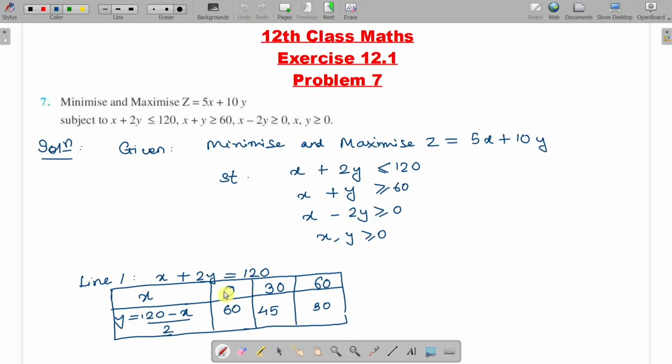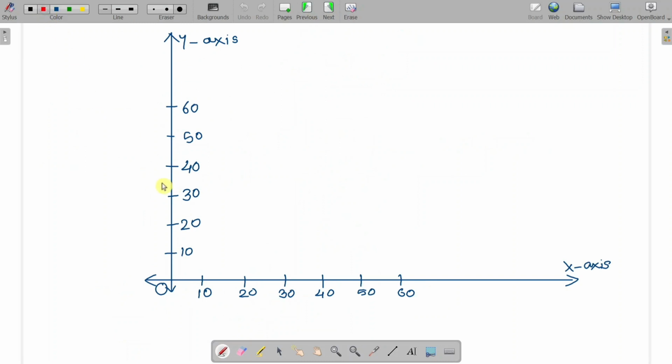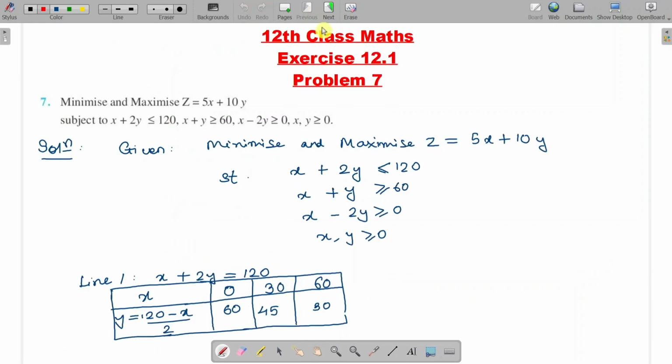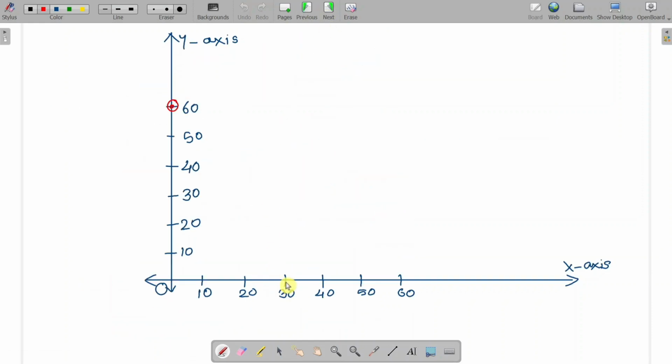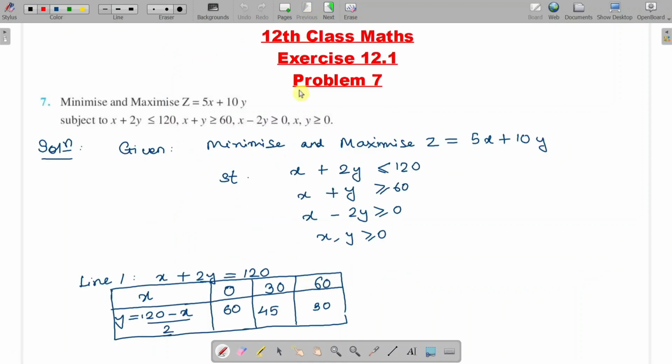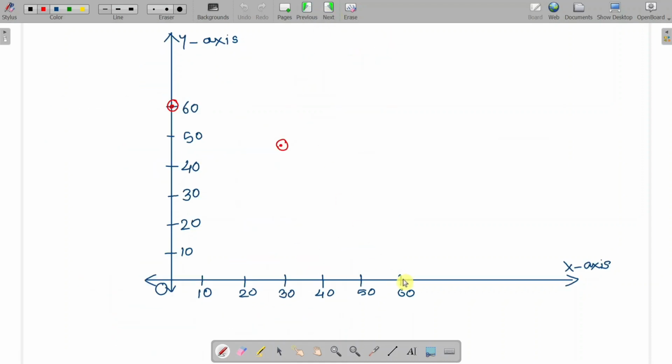Okay, so for line 1 we will plot (0, 60), it is the first point, then (30, 45), so that is here, then (60, 30).